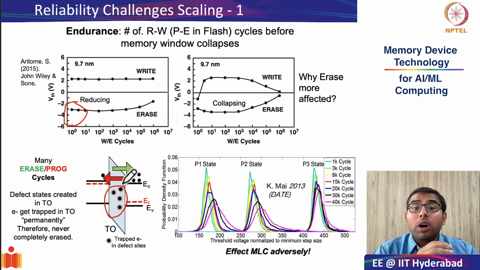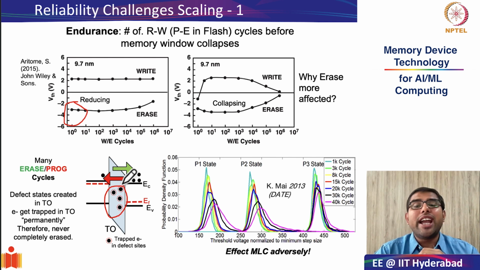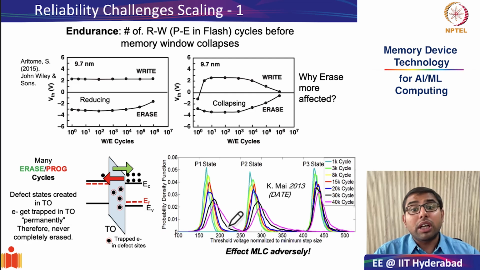A very beautiful work here by K. Mai's group, who is from Carnegie Mellon University. They had shown that there is a very, very adverse effect in endurance. You see, this is the number of PE cycles. As the number of PE cycles increases, the variability in the endurance becomes a very big issue.